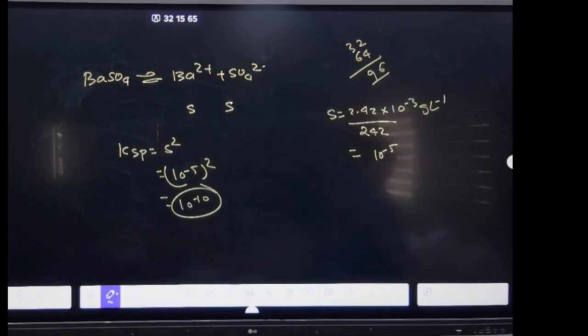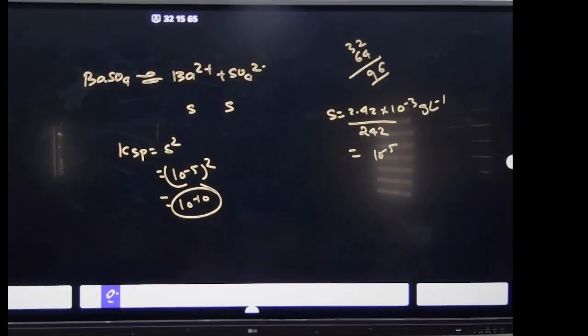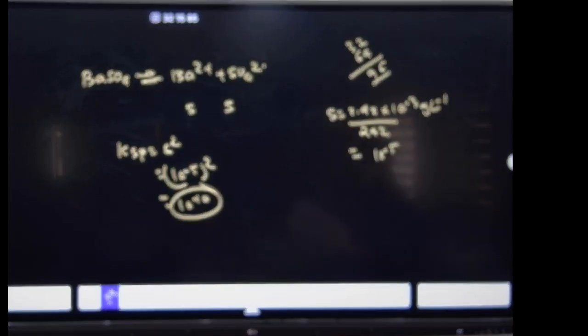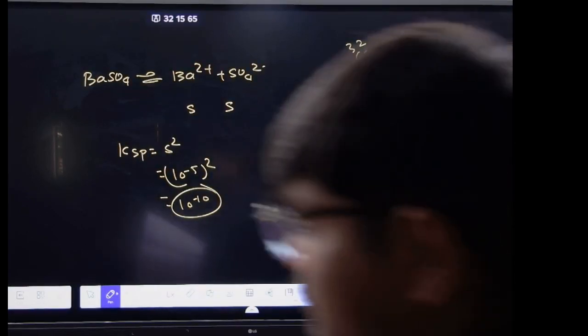Question number 18. Which will make the basic buffer?